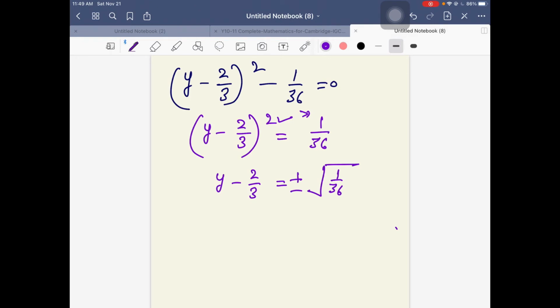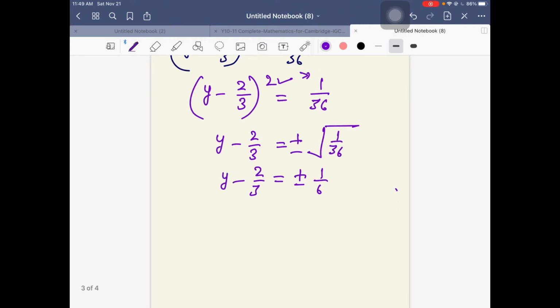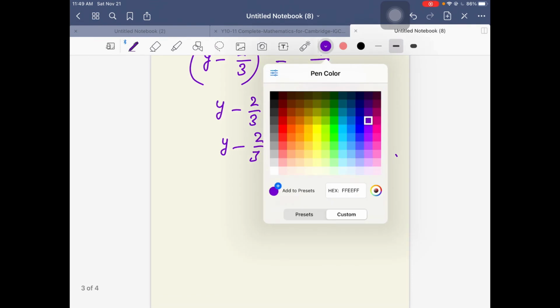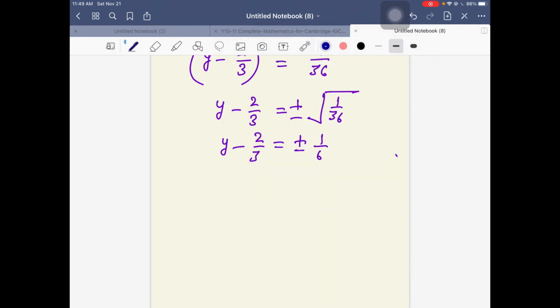That gives you plus minus 1 by 6, since the root of 36 is 6. So y minus 2 by 3 is equal to plus minus 1 by 6. Now make a partition here. One time you take the positive sign, y minus 2 by 3 is equal to 1 by 6. The second time you take the negative sign, y minus 2 by 3 is equal to negative 1 by 6.